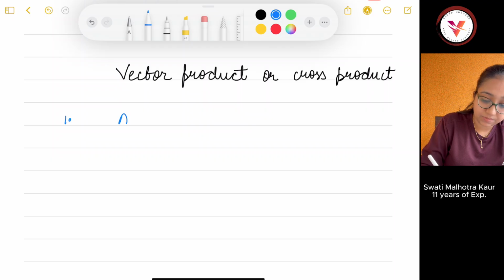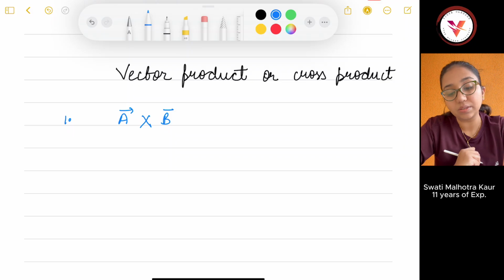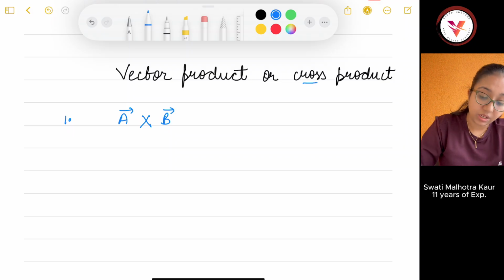A vector has a vector product or the cross product with B vector, and because of this cross, you write it as a cross product, which gives you another vector.